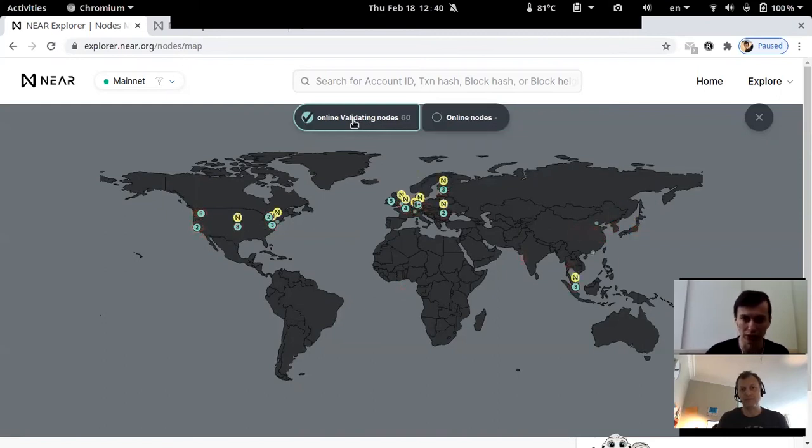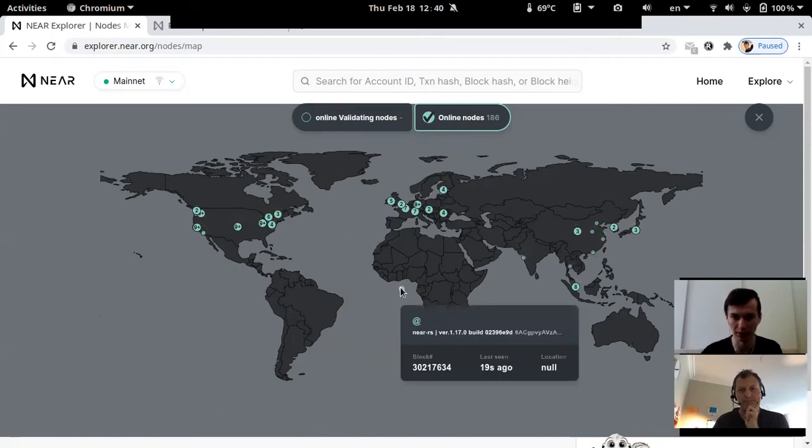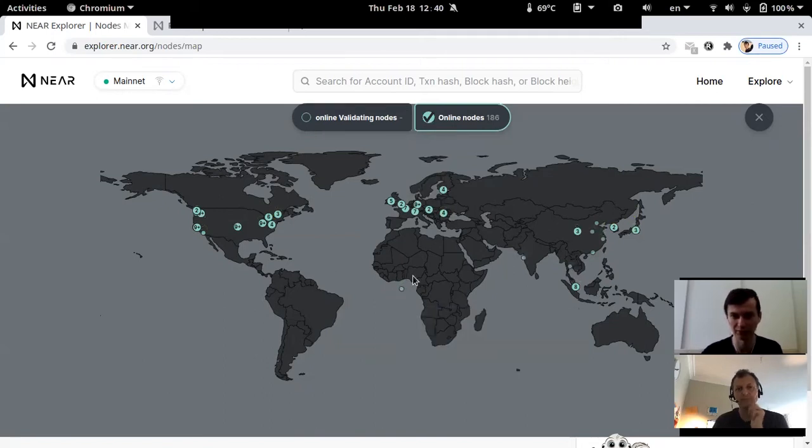Essentially, validating nodes, not all of them are reporting telemetry. So you could probably find fewer than 60 here, because if they are not reporting, we couldn't really display them on the map. But online nodes, all 186, we can represent them, though some of them are off sometimes. They're reporting some weird locations or default ones.